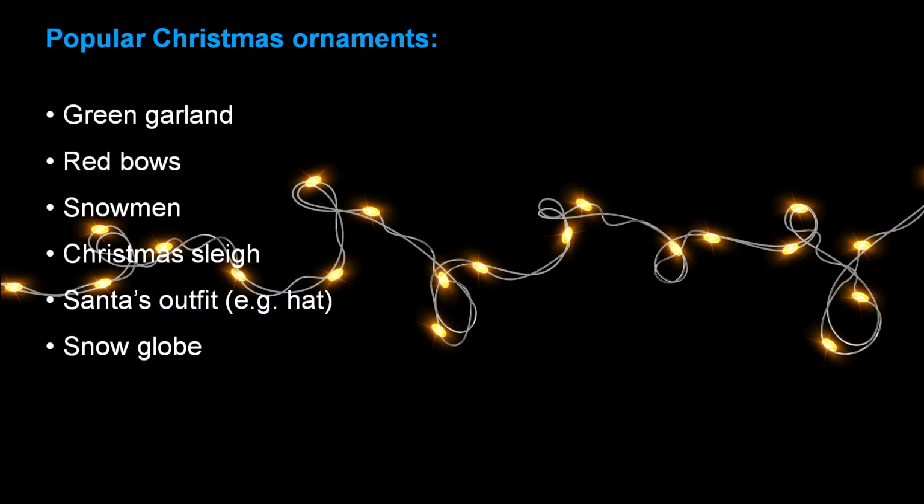Red bows also, it's a red color, so we always try to search for something green to decorate with a red ornament. It's also related to green garlands or spruce twigs, Christmas tree, whatever is green, you can decorate it with red bows.